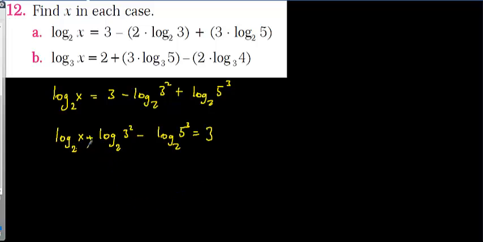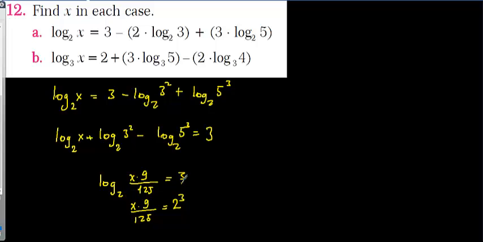And the bases are the same here, and we don't have any coefficient in front of the logarithm. So when there is a plus, we are going to multiply them. When there is a minus, we are going to divide them. So logarithm base 2 of x times 9, which is 3 squared, over 5 cubed, which is 125, is equal to 3. It's going to be x times 9 over 125 equal to 2 to the power of 3.